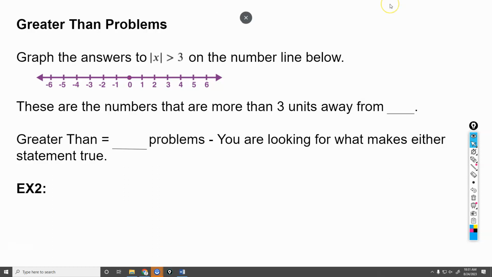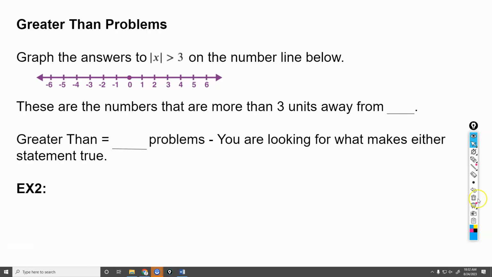So instead of being less than 3, this time they're greater than 3. As I walk around. So this time it's not going to be the middle part, is it?